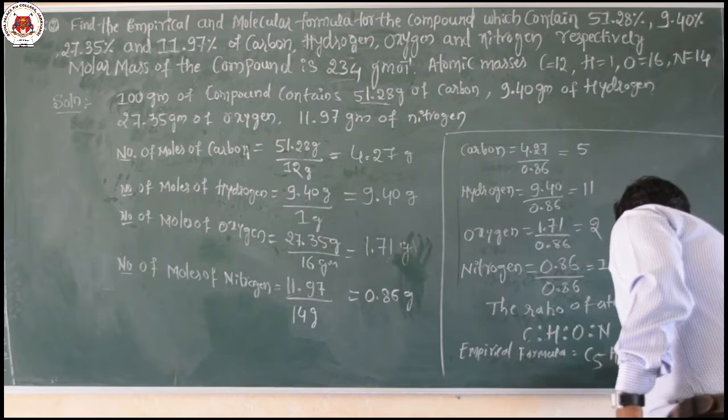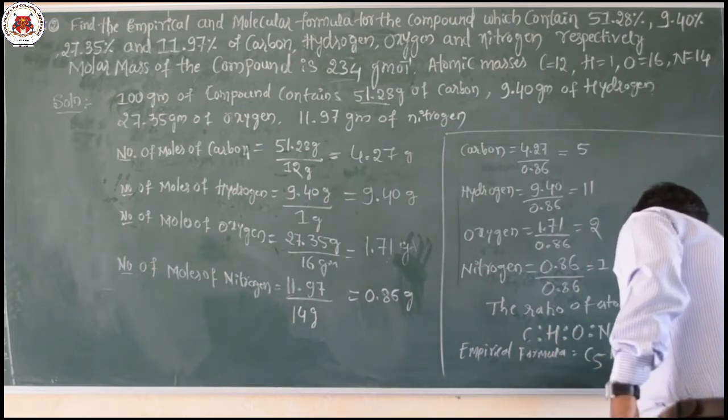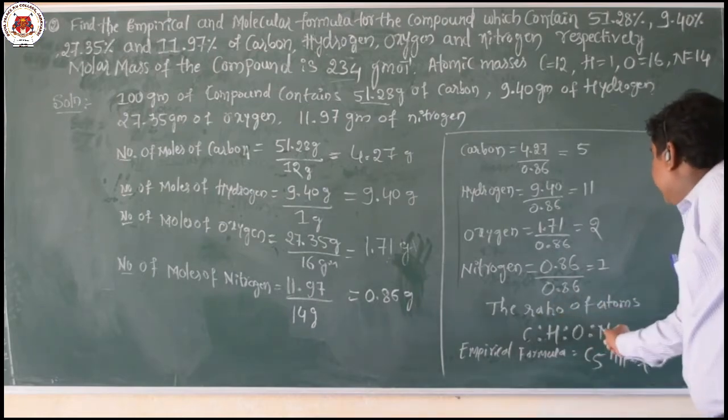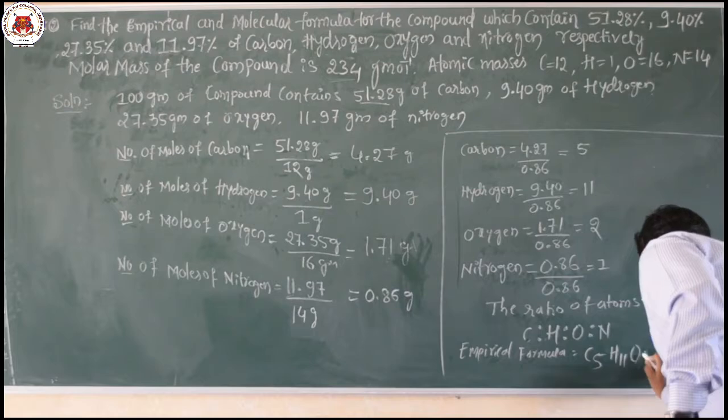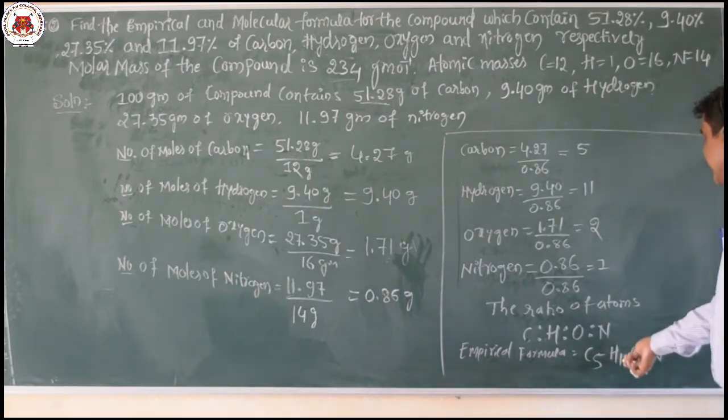C5 H11, then oxygen, that is 2, then the nitrogen last one, that is 1, or you can write just N. Okay. C5 H11 O2 N.